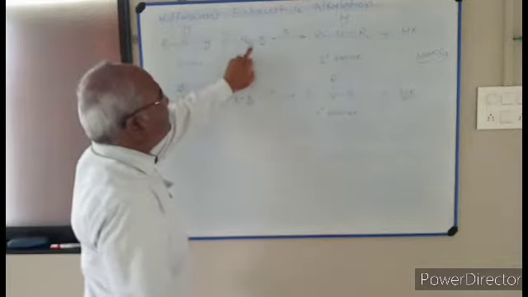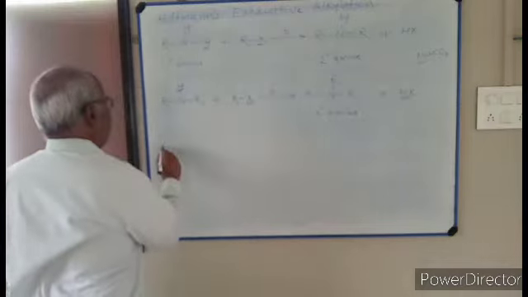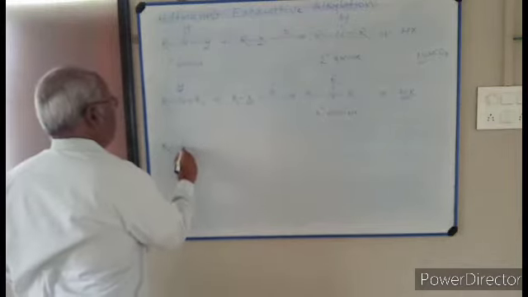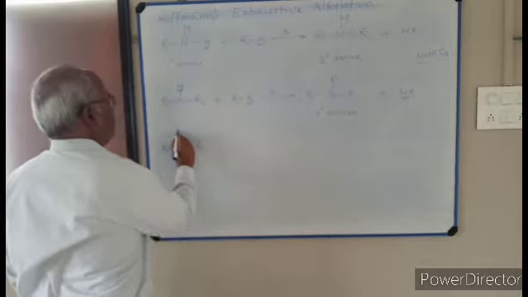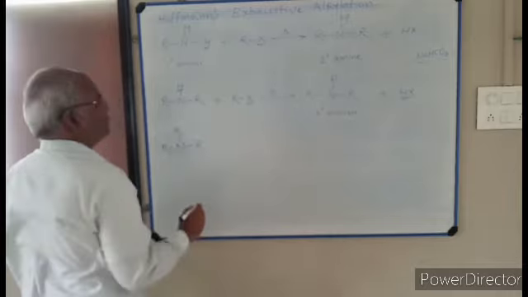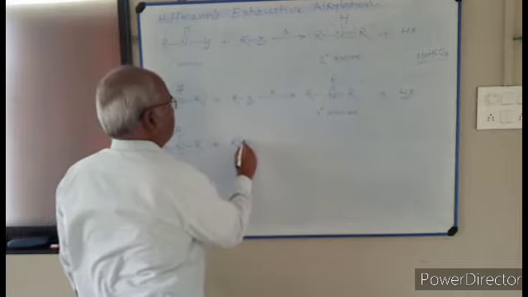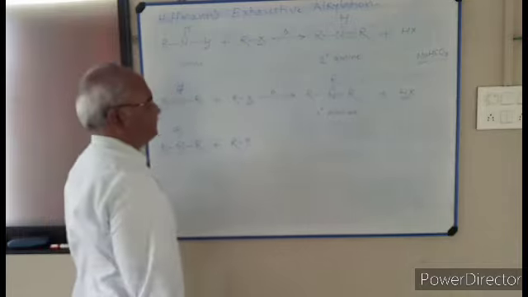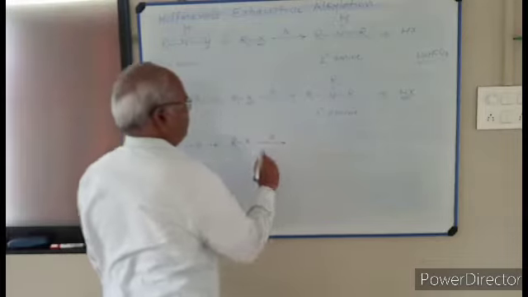Excess of alkyl halide is used in this reaction. Nitrogen contains a lone pair of electrons, plus R-X. The reaction mixture is heated.